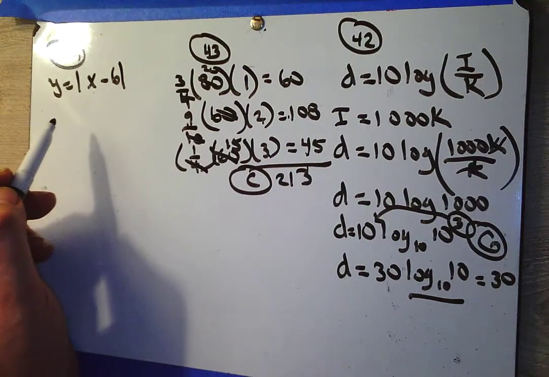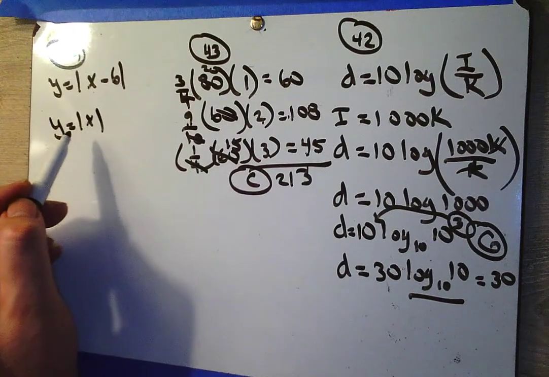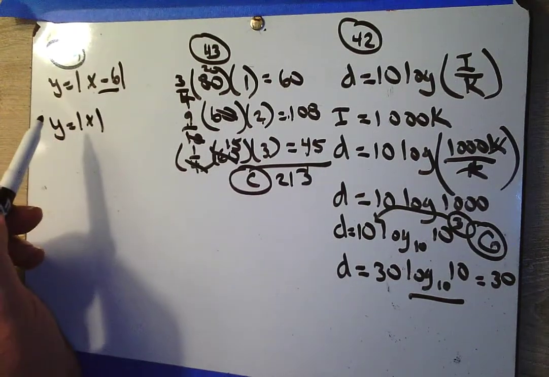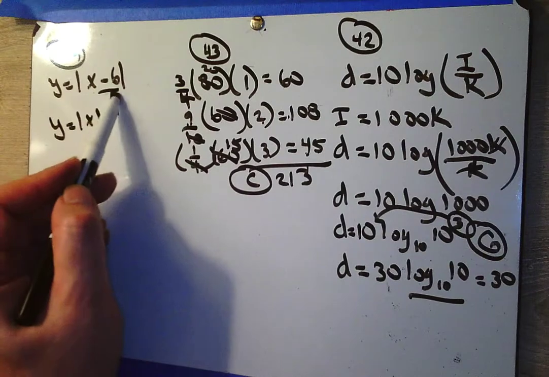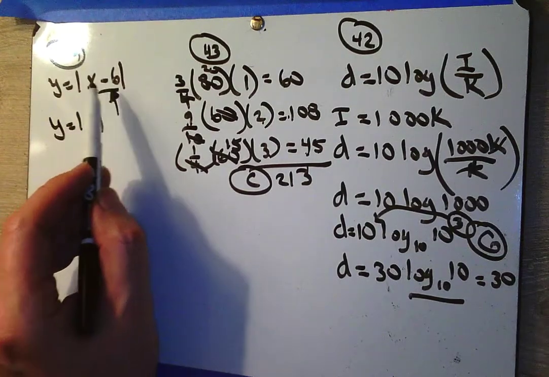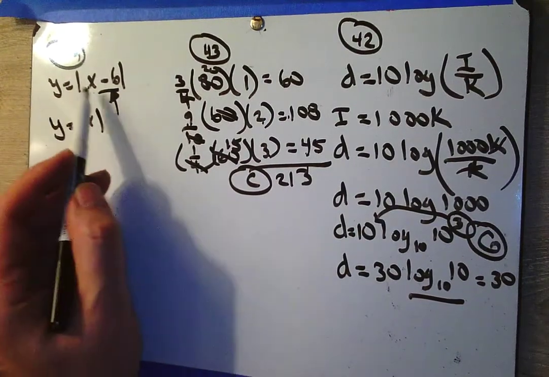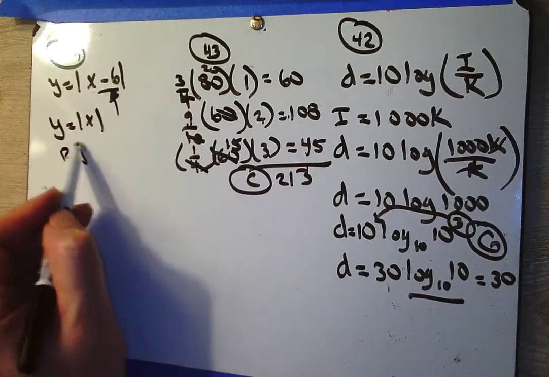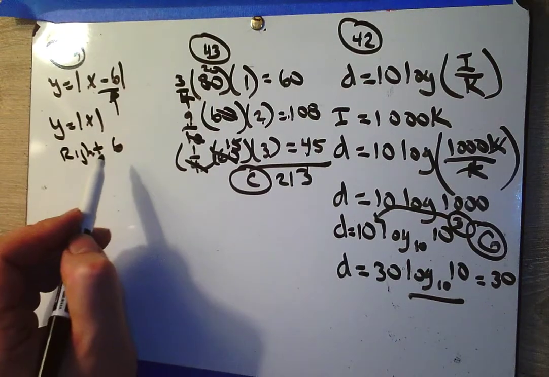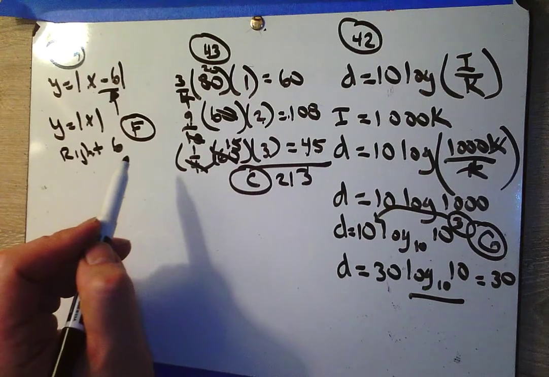Which of the following transformations of y equals absolute x makes this graph? Oh, well, I hope we all know our transformations well enough to know that inside the function affects x's and inside is opposite, so we're not moving left 6, we're moving right 6 places. And that's choice F. F for number 44.